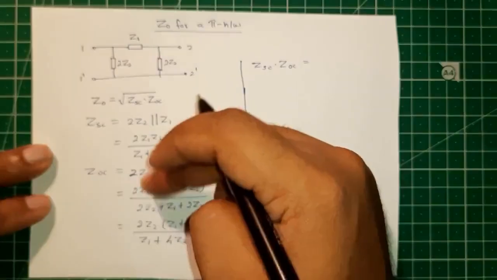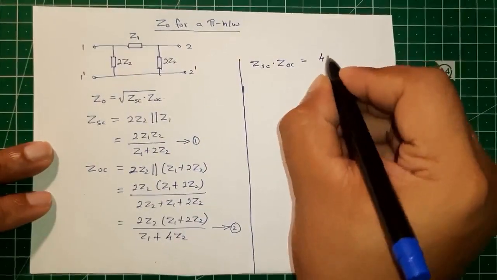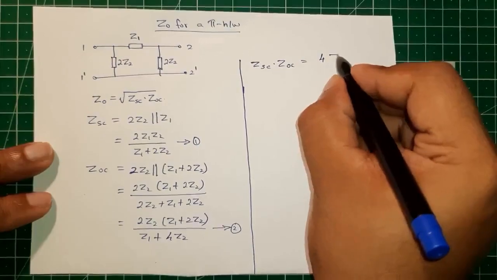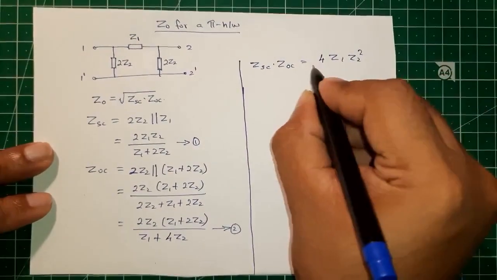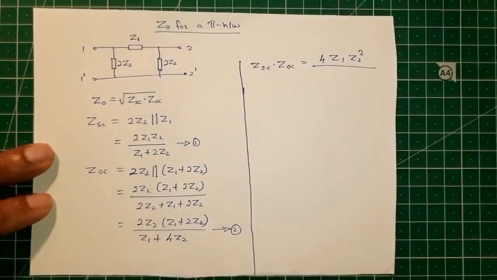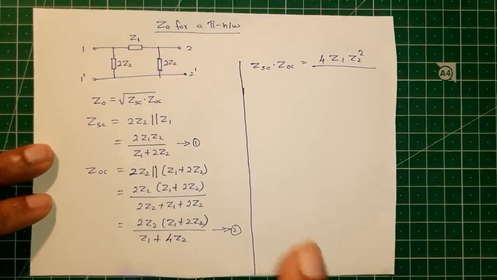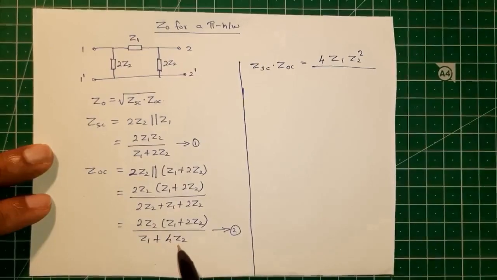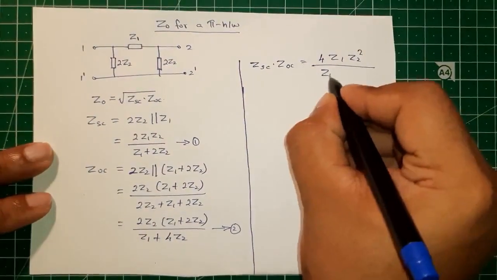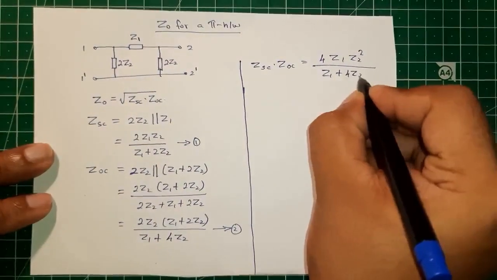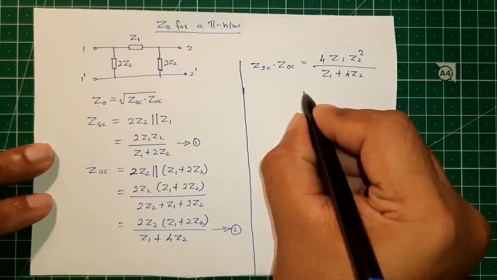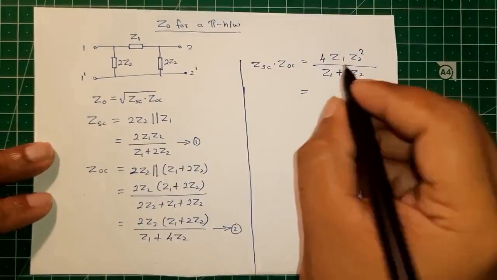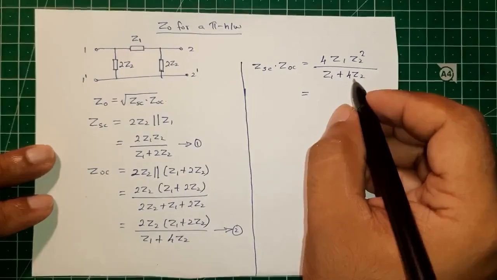So we have 2 into 2 is 4 Z1 Z2 square divided by, this term will be cancelled. So we have Z1 plus 4Z2. Okay, for convenience we will rearrange this term.